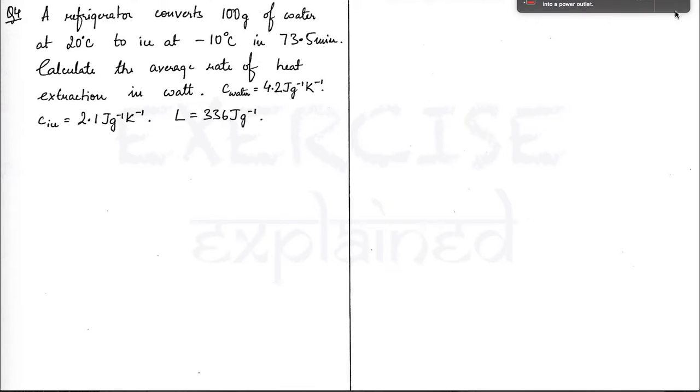The first thing that is happening is the water is losing its temperature and is coming down to 0 degrees. Then there is change of phase, that is the water at 0 degrees gets converted to ice at 0 degrees, and the ice at 0 degrees then loses its temperature and goes down to minus 10 degree Celsius.